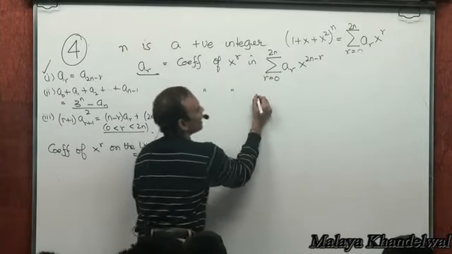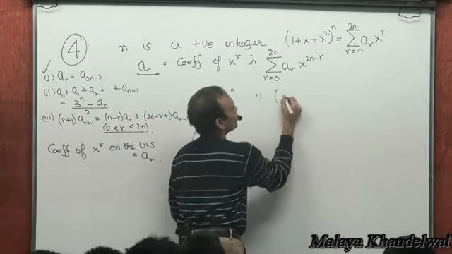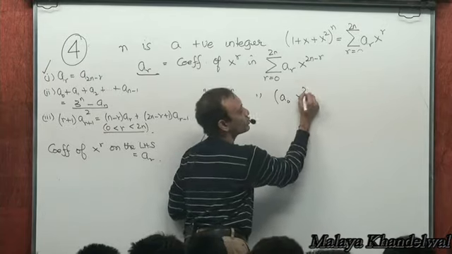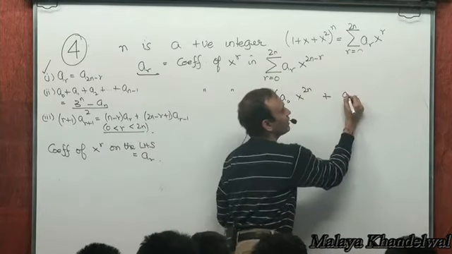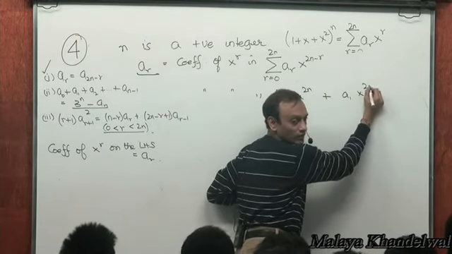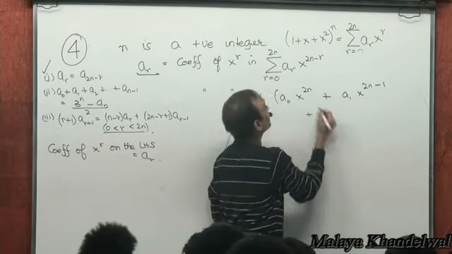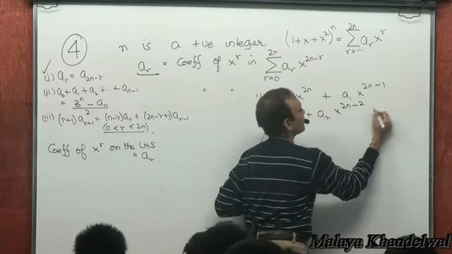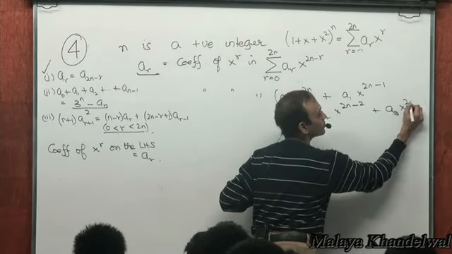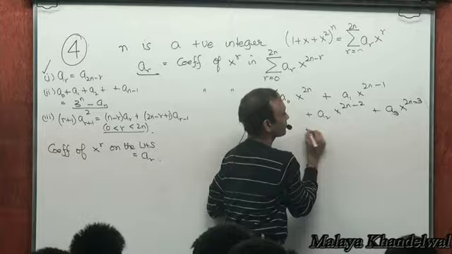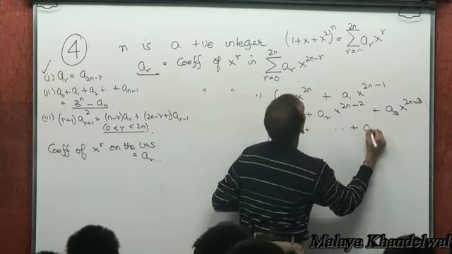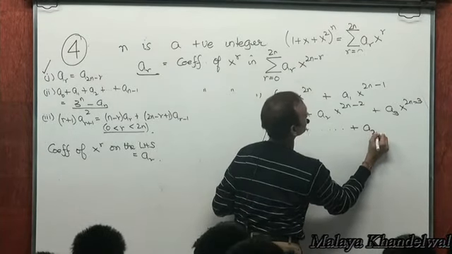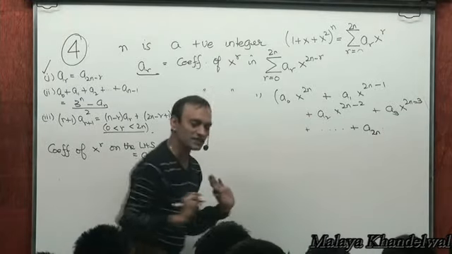Coefficient of x power r in this: a0 x power 2n, plus a1 x power 2n minus 1, plus a2 x power 2n minus 2, plus a3 x power 2n minus 3, and so on till a2n. That's the right hand side.